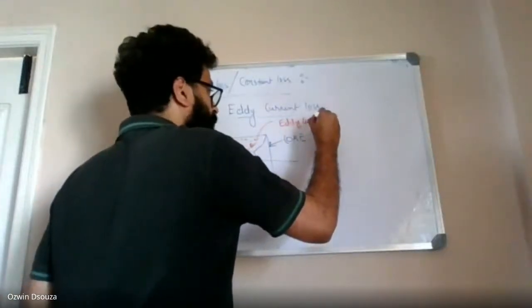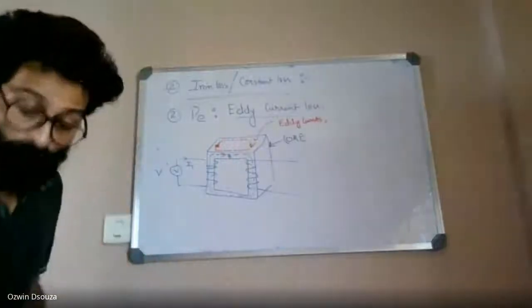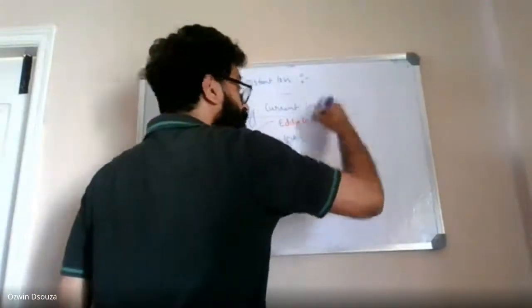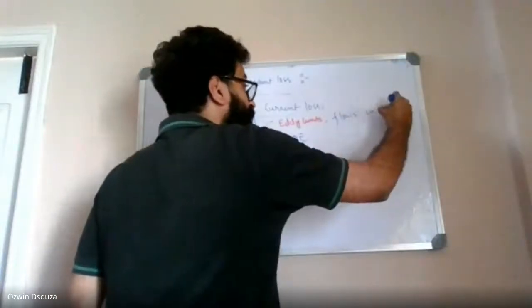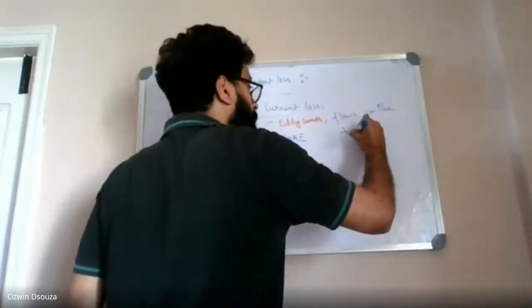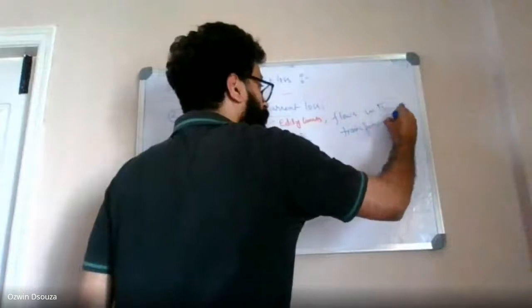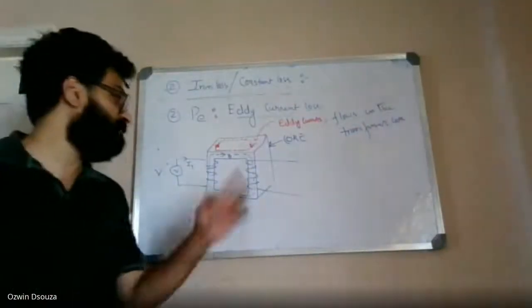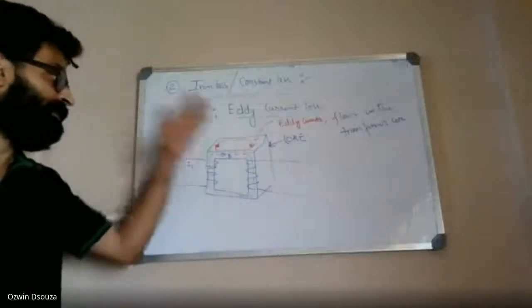These eddy currents flow in the transformer core. You cannot avoid them. You cannot make them zero. That's because your transformer core is a closed path.